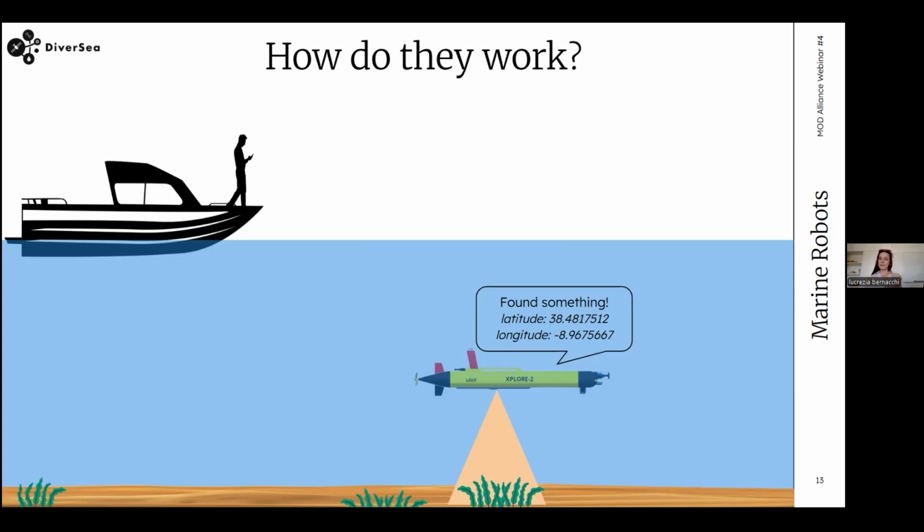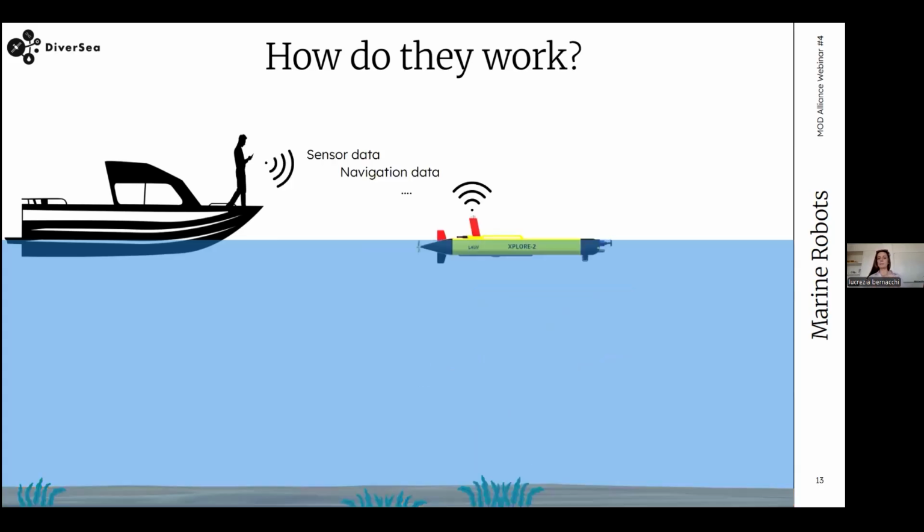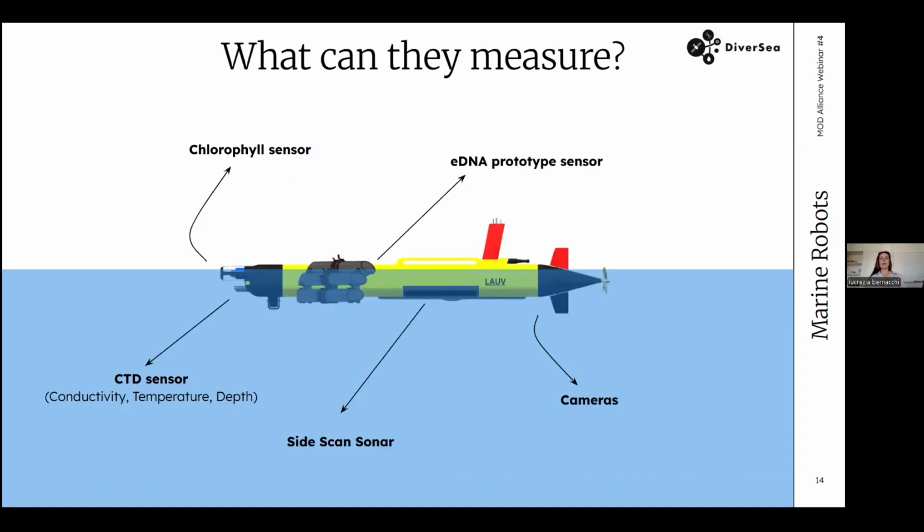So it's important to correlate the data with the location, because otherwise at the end of the mission we have plenty of data, for example temperature of a specific area on the coast of Portugal, but then we don't know exactly which temperature belongs to which place. At the end of the mission, the vehicle is on the surface and we can transmit all the data with the related navigation data.